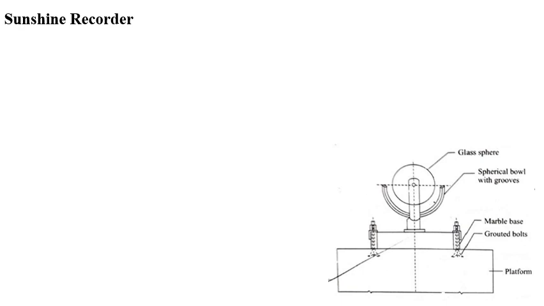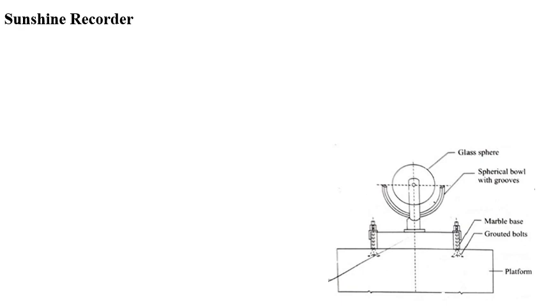The principle and the structure of this sunshine recorder are like this. You can see the sketch. A Campbell-Stokes sunshine recorder concentrates sunlight through the glass sphere onto a recording card placed at its focal point.